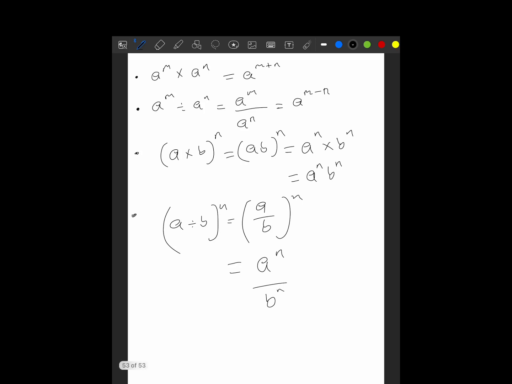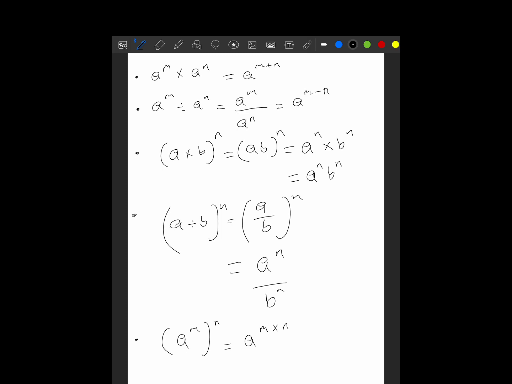It definitely does make sense. Let me give you another one. You have a power m power n. So now it's 2 exponents. This can be written as a power m times n.